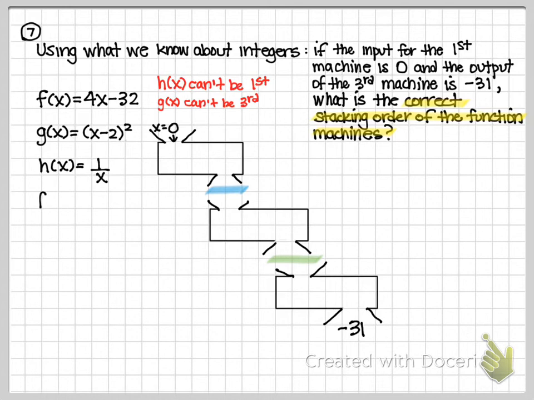I could do F, G, H, but I tried that and it didn't work. So that was a no. Then I would leave the F first, so I'm trying to fix one of them, and flip the H and the G. But that doesn't work because I can't have G last.